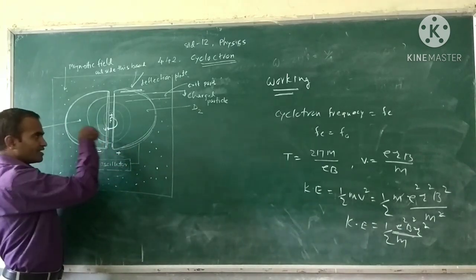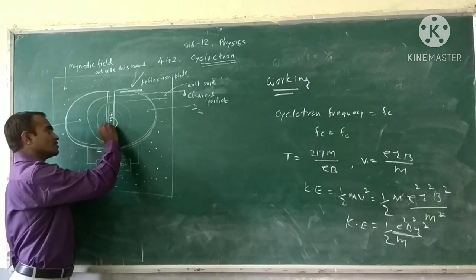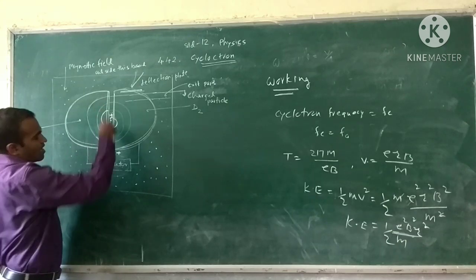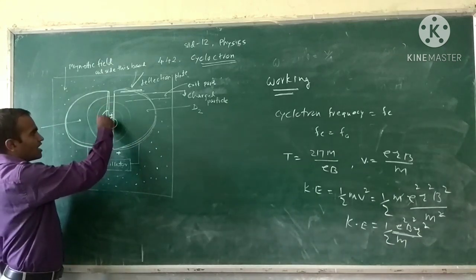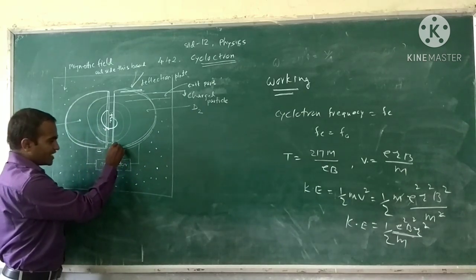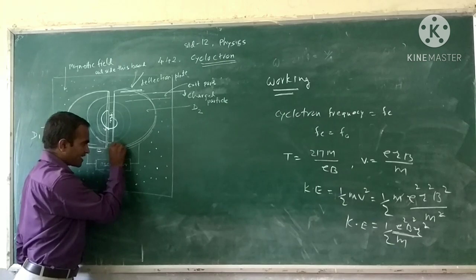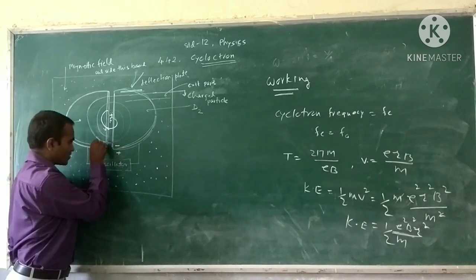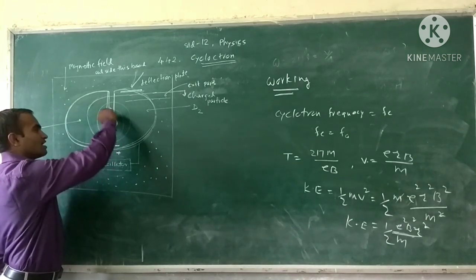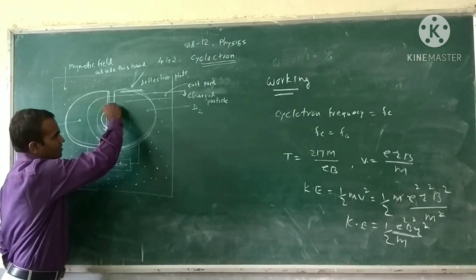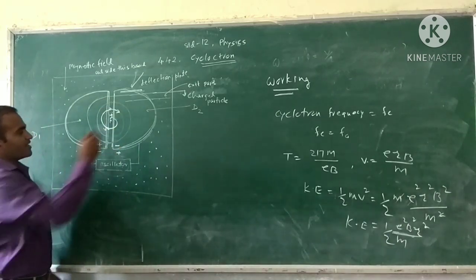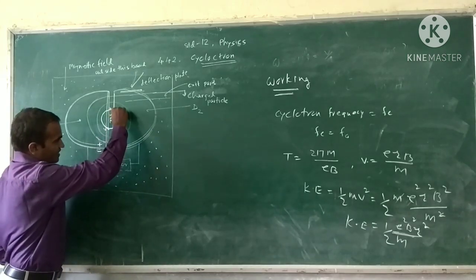Velocity and magnetic field are perpendicular, so it will perform circular motion, and after completing half a revolution, because of this AC source, this plate will become negative and this side will become positive. So again this positive charge comes here and is attracted with high speed to this plate.